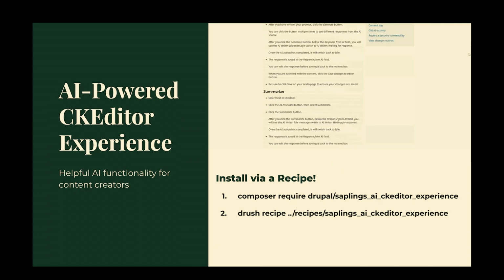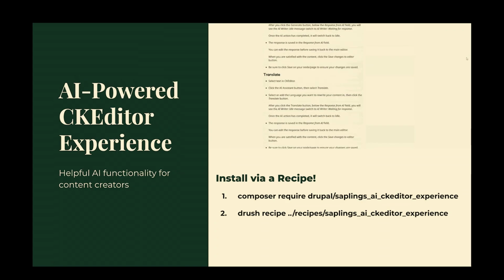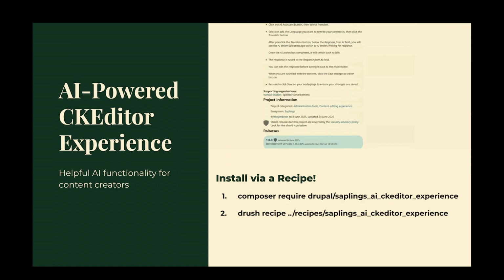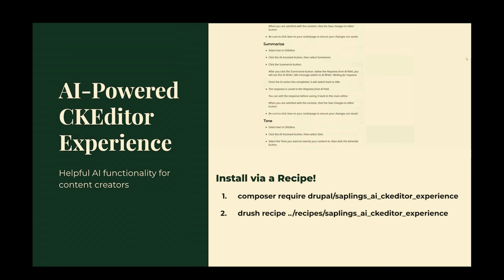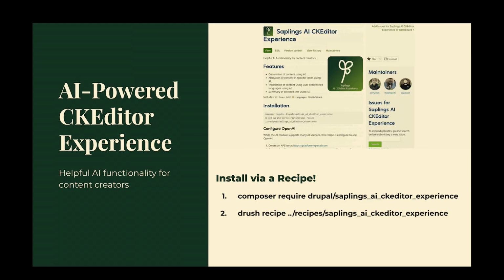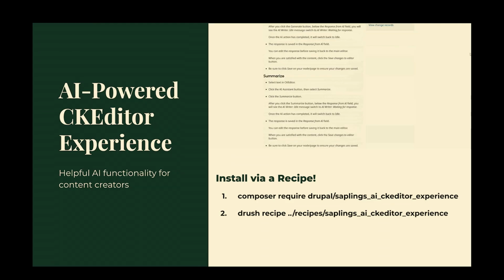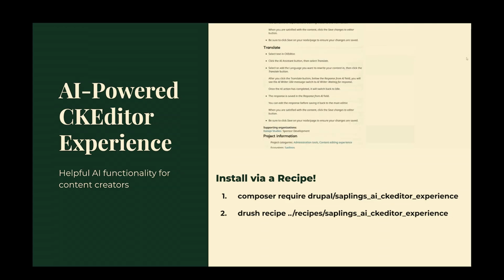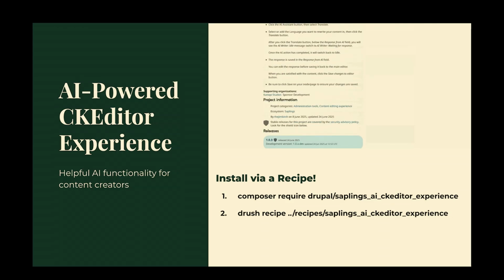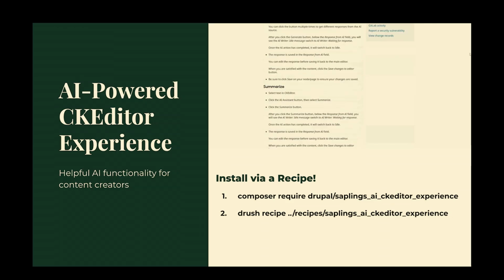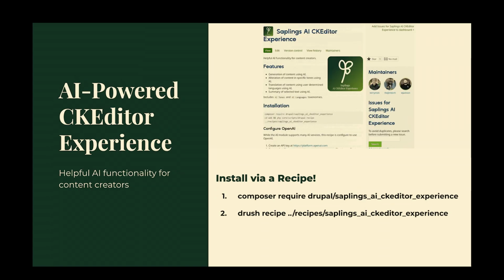The first implementation we're going to look at is an AI-powered CKEditor experience. This is going to be more geared for content creators. What we're looking at here is the Saplings AI CKEditor recipe. At Canopy, we are pretty involved with the recipe initiative within Drupal.